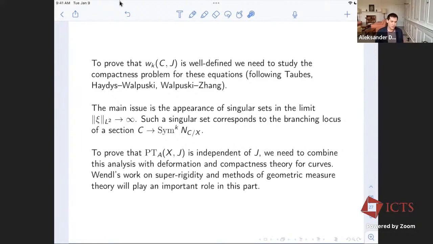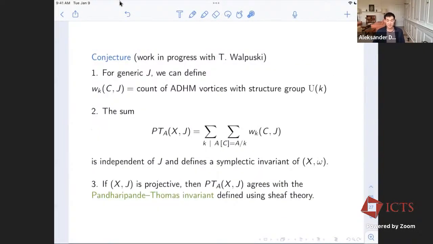There are a lot of interesting questions, not only from gauge theory, but also from geometric measure theory, on controlling singularities of solutions to these equations and so on. So this is a very active area of research, and I'm optimistic that these new methods will allow us to prove parts of this conjecture.